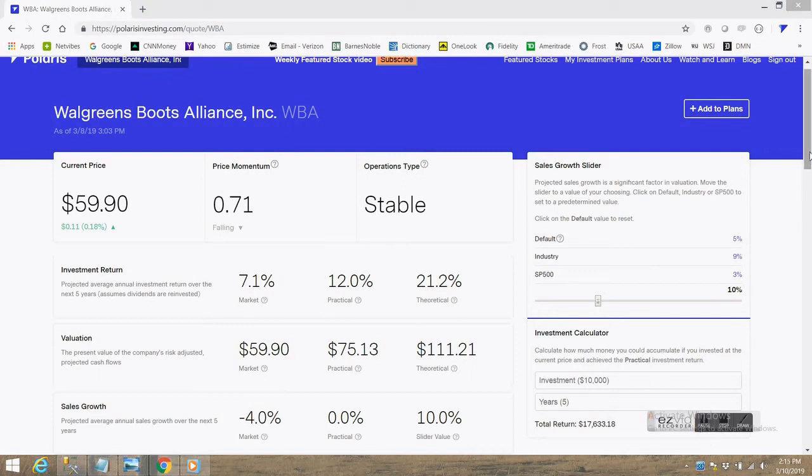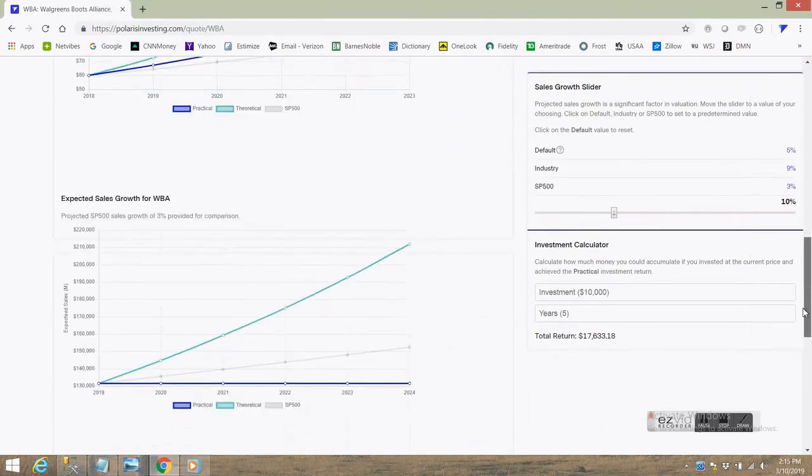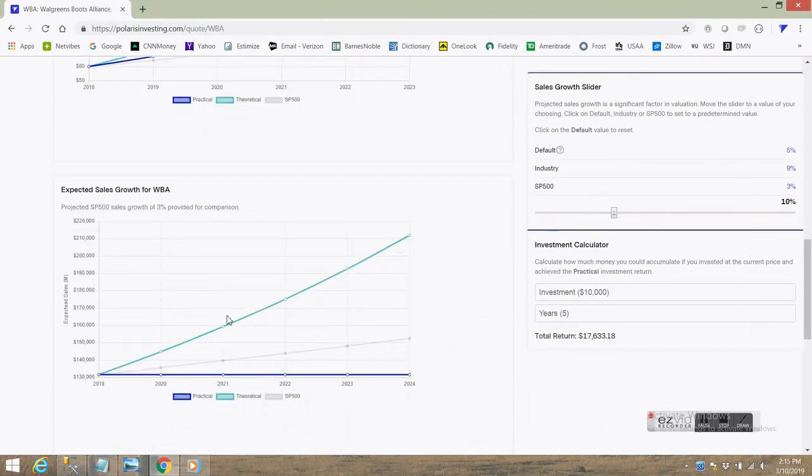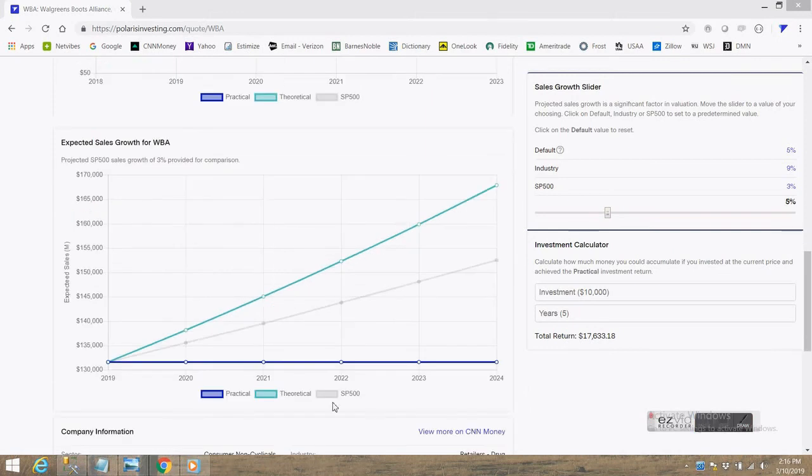All right, after looking at and comparing the default to the industry, I typically scroll down here to the sales growth graph, and I'm going to hide the practical and the S&P 500 lines.